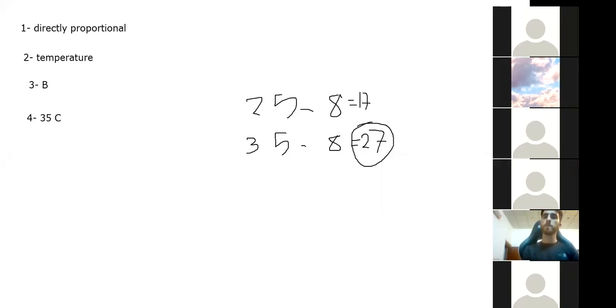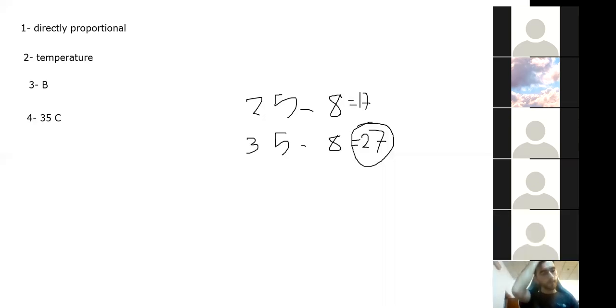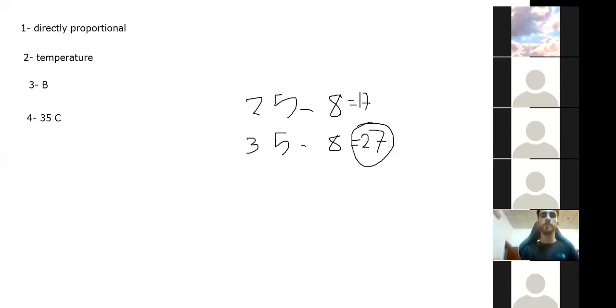Yes, Rina? Mister, there will be no energy transfer because they have the same temperature, so they're in thermal equilibrium. Very good. This is indeed the correct answer. Because both of them are at 55 degrees Celsius, they have identical temperatures, therefore they are in thermal equilibrium, therefore no heat is being transferred. So no energy is being transferred.